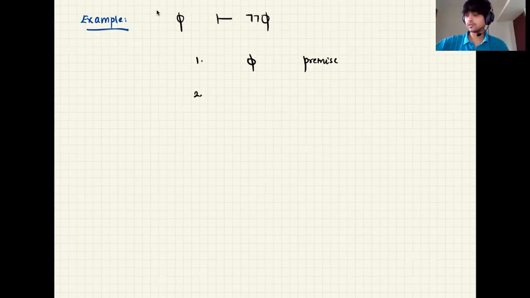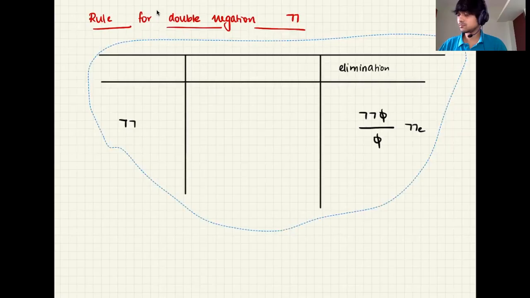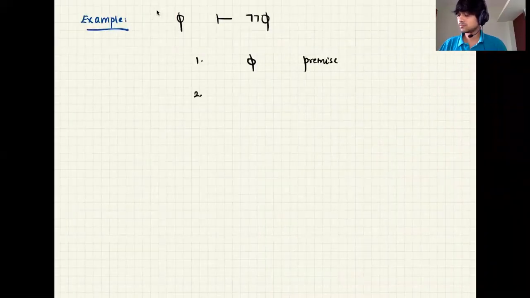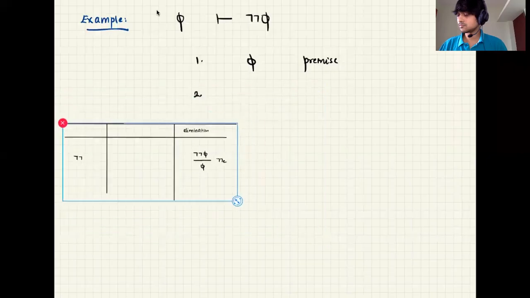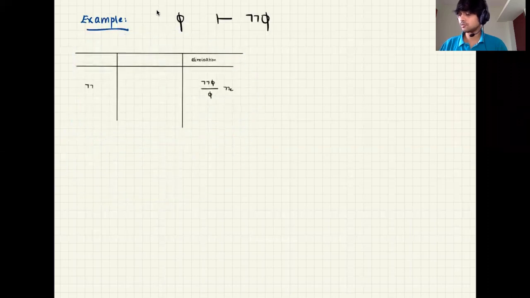I'll copy the previous slide. So this is the double negation rule. I have a premise phi. I want to derive not of not phi.